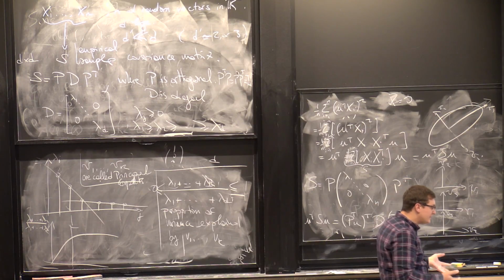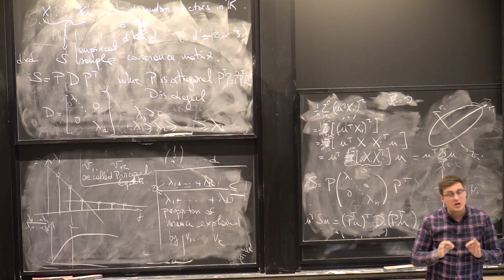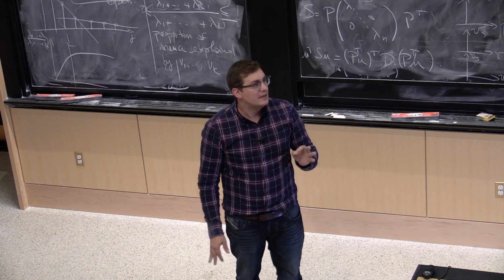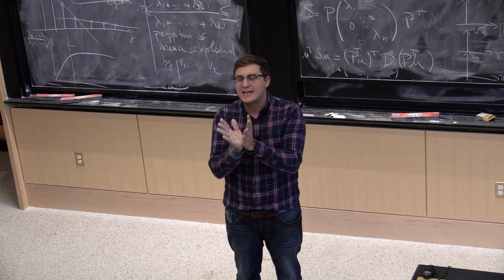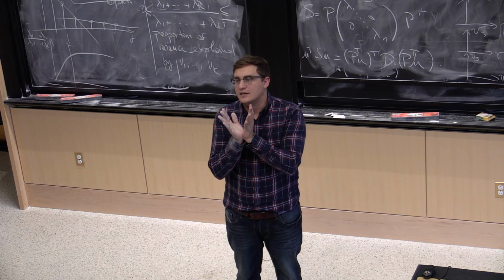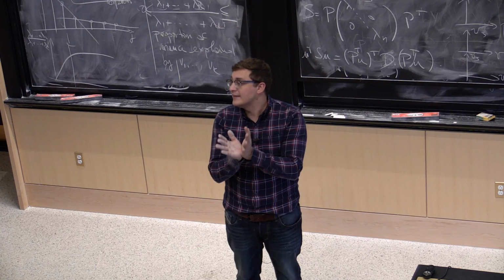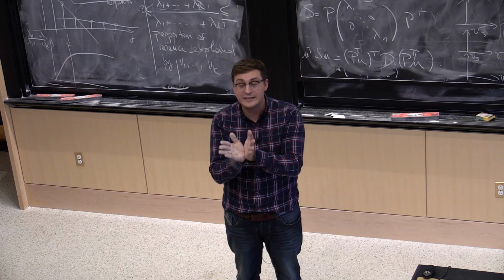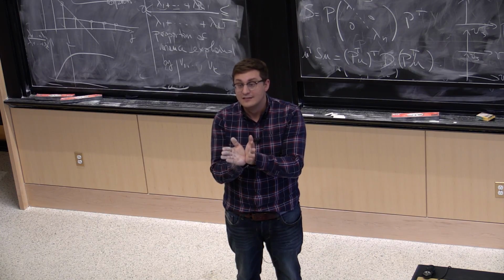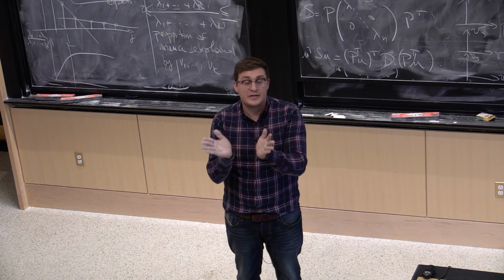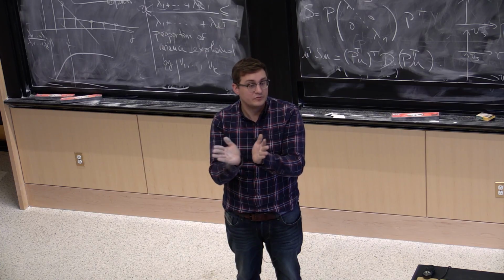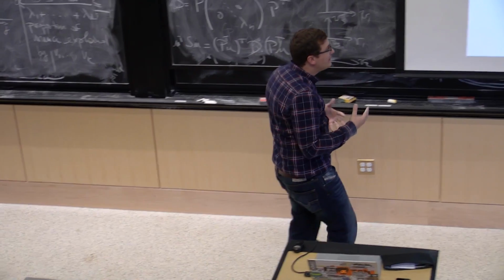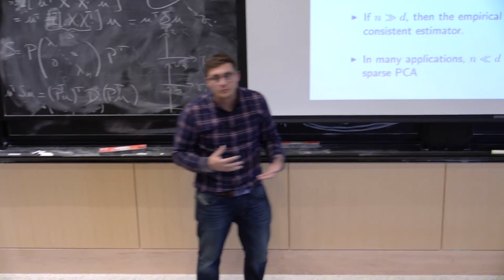And so now, as soon as D over n goes to a constant, you can show that essentially there's an angle between the largest eigenvector of sigma and the largest eigenvector of S as n and D go to infinity. There's always an angle. You can actually write it explicitly. And it's an angle that depends on this asymptotic ratio gamma of D over n. And so there's been a lot of work on understanding how to correct, how to pay attention to this.